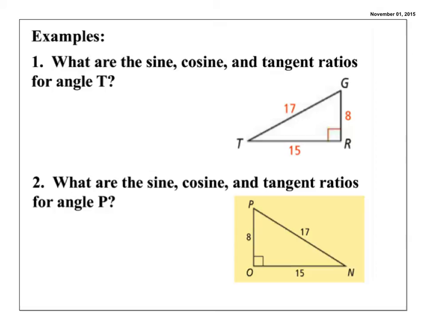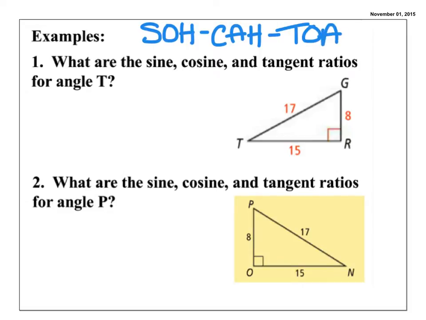So in our first set of examples, we are asked to find the sine, cosine, and tangent ratios for a couple of angles. The first thing I'm going to do is put my SOHCAHTOA up at the top so I remember which one is which. For number 1, it says, what are the sine, cosine, and tangent ratios for angle T?